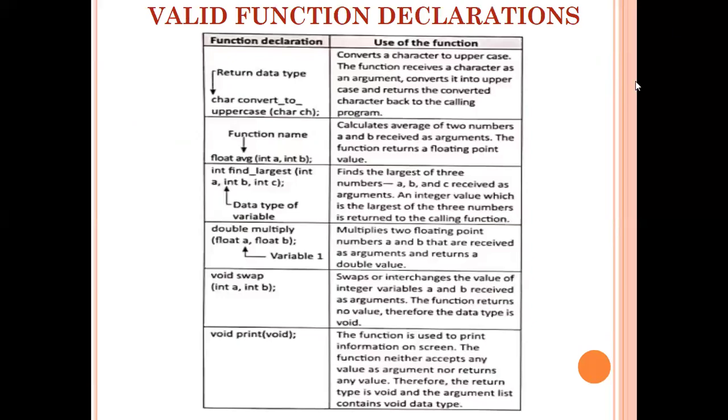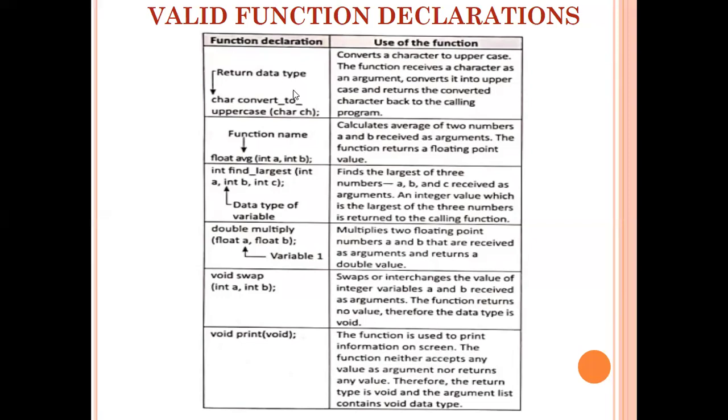And these are some valid function declarations given in your textbook. I have also uploaded the textbook soft copy in your Canvas. So refer to that textbook, where some of the valid function declarations are given.